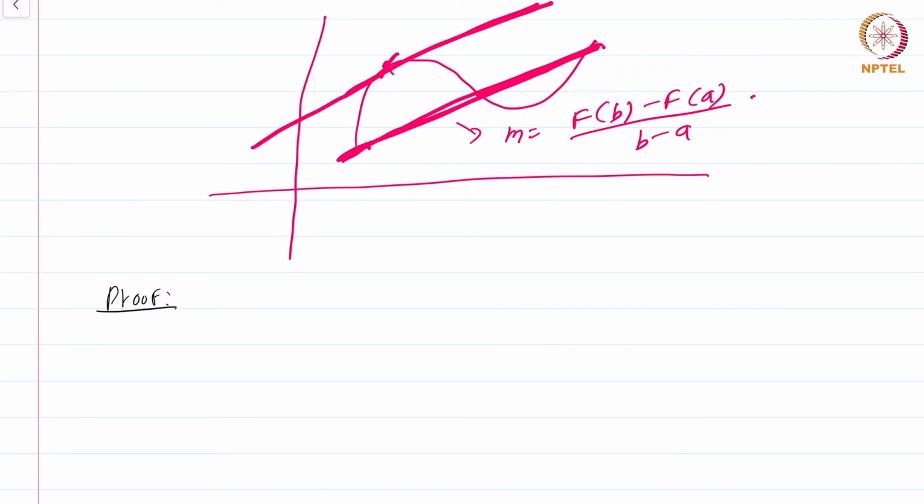So we define g of x by definition to be f of x minus f of b minus f of a by b minus a times x minus a.